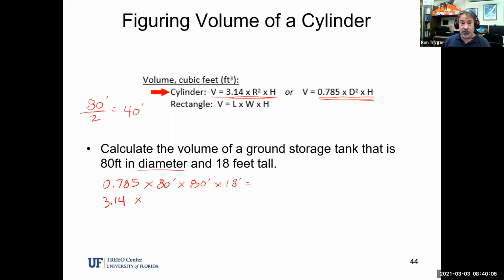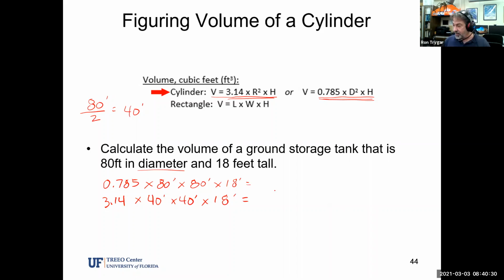So to work the 3.14 method, it would be 3.14 times 40 feet times 40 feet. And then again, my height units need to be used. So I got 18 feet high, and either one of these should come up with the same answer. So 3.14 times 40 times 40 times 18.